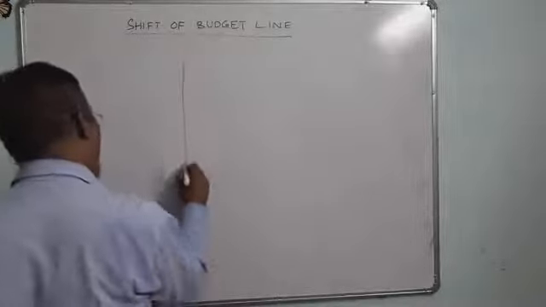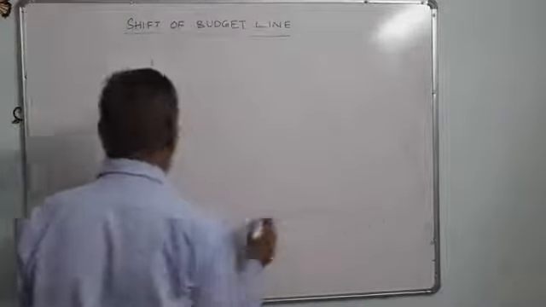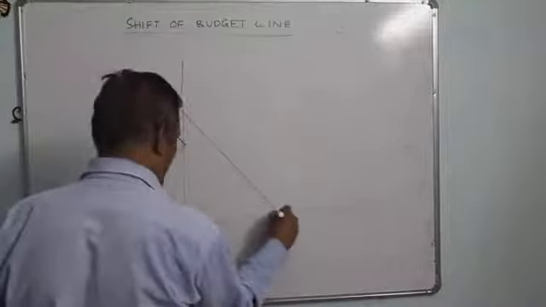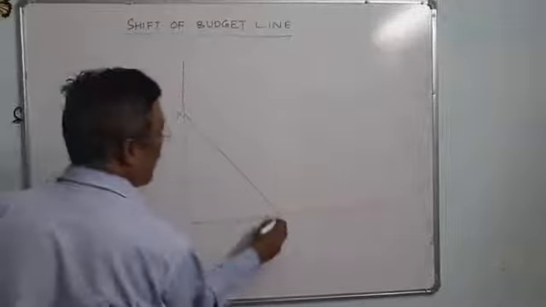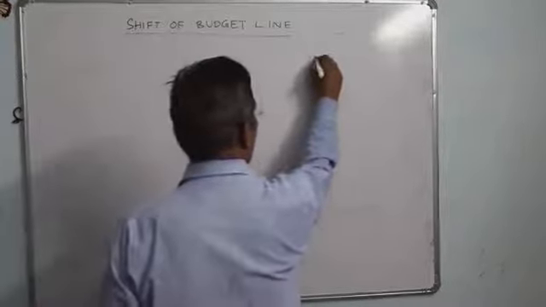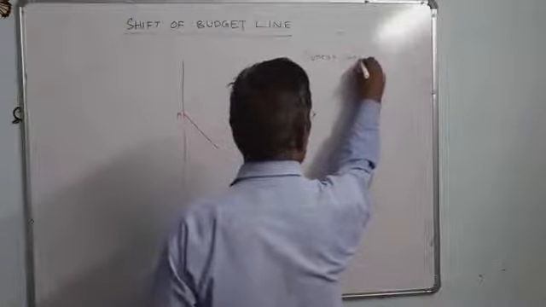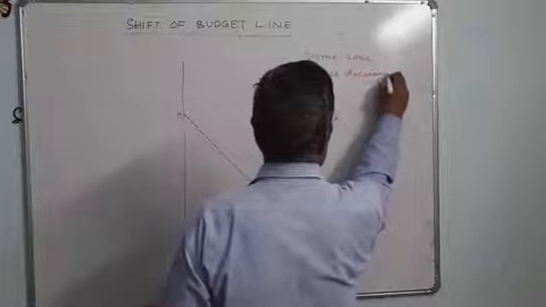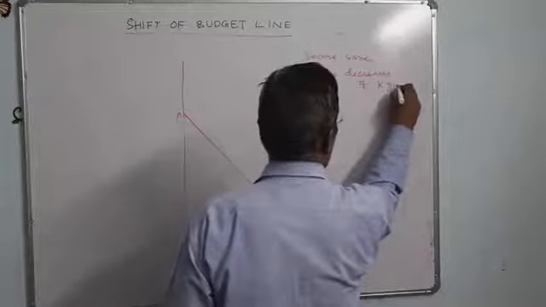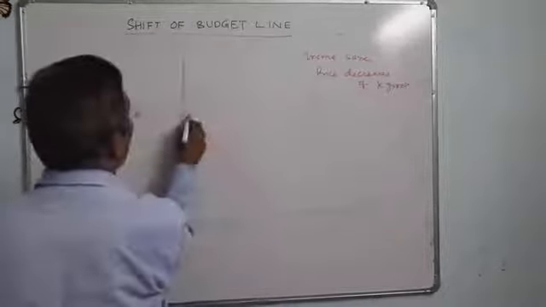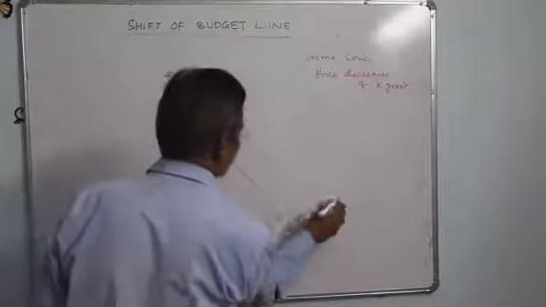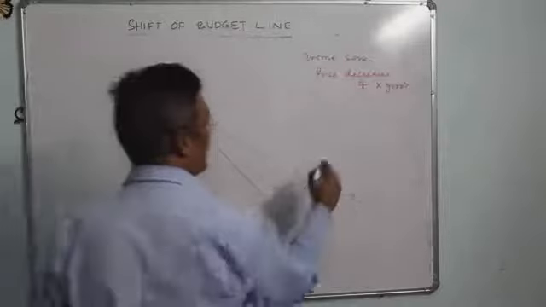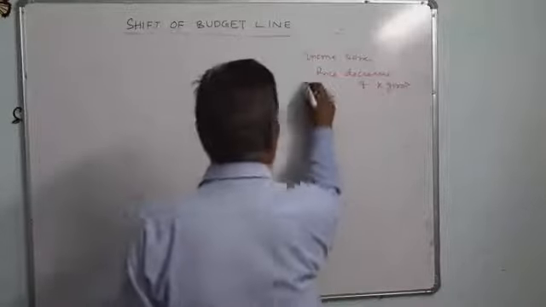Similarly, if the price decreases with income the same, say the price of X goods decreases, then X goods demand will be more. This is A1, the first condition.